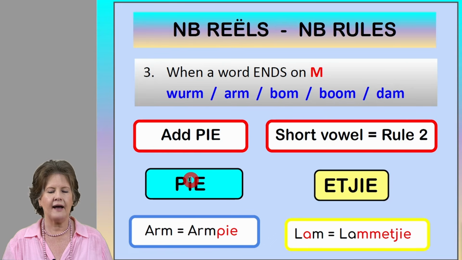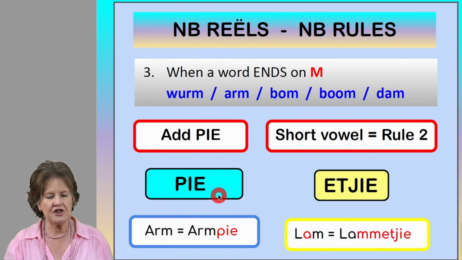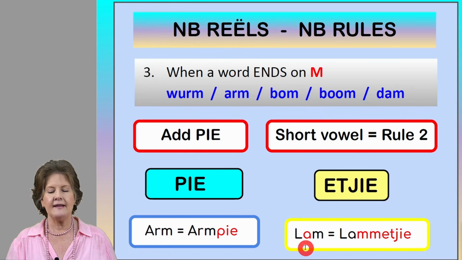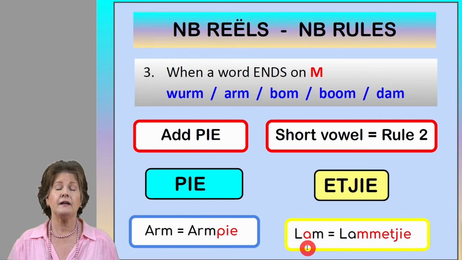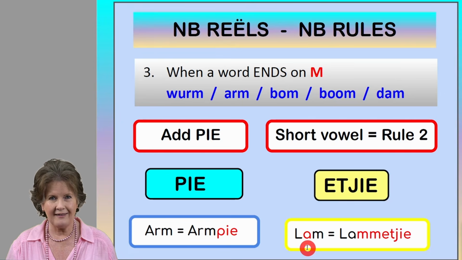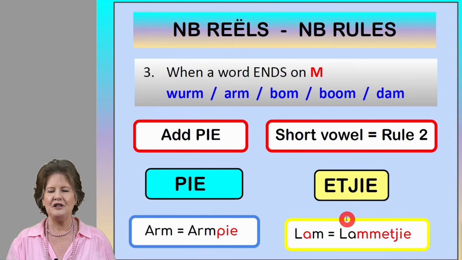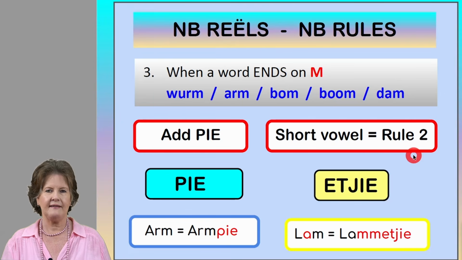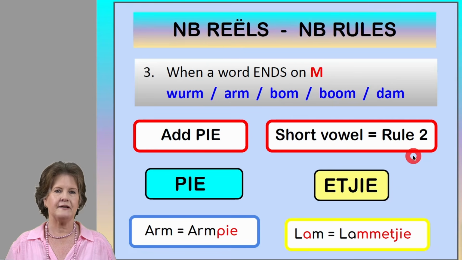But before you add the P-I-E, then just check, look at lam, whether there is not a short vowel in front of your M. Because guys, if there is a short vowel, you can't do rule 3. You need to do the short vowel rule, and that is rule 2. And I'm not going to explain that again. We've dealt with that one.